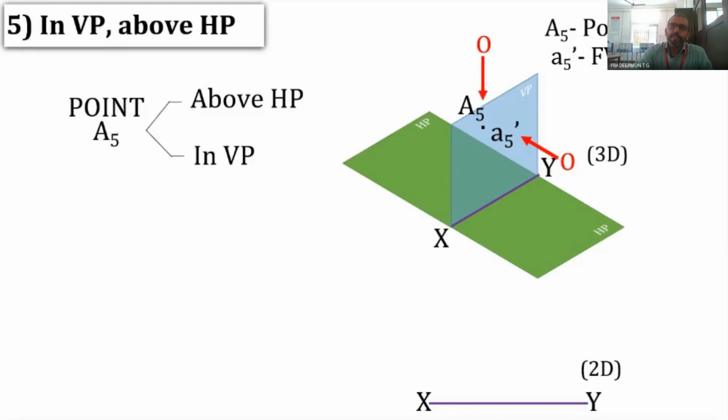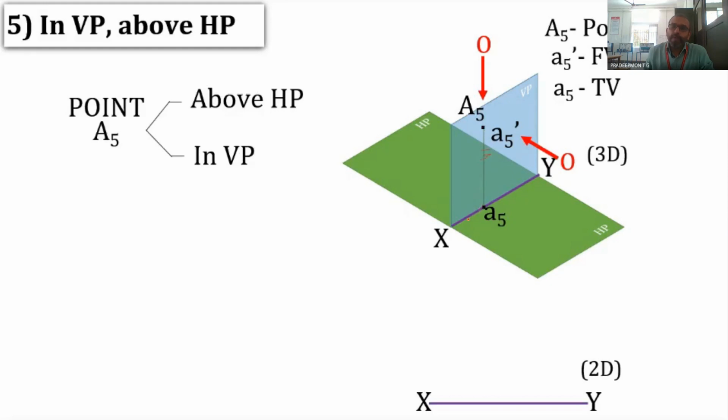If the observer is looking from the top in order to get the top view, an imaginary ray of light starting from A5 will travel perpendicular to HP. Since the point is lying in VP, this ray of light will lie in VP itself.